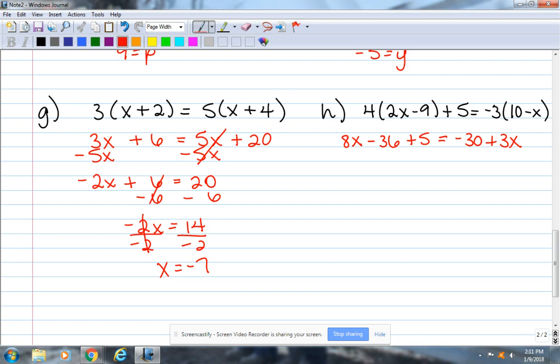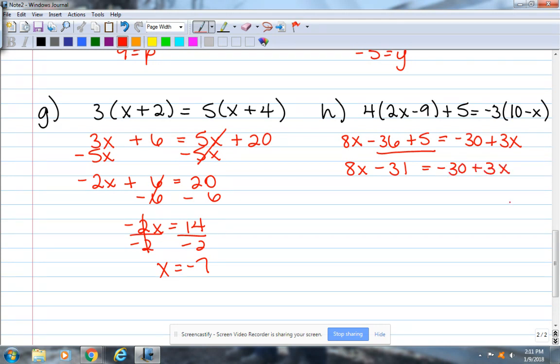All right, if you notice, over here on the left side, these two terms don't have variables. So they are what we call like terms. So we can combine those. So what is negative 36 plus 5? So let's go ahead and combine those and get 8x minus 31 equals negative 30 plus 3x.